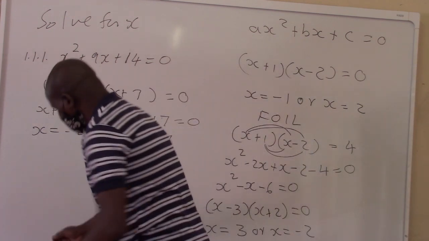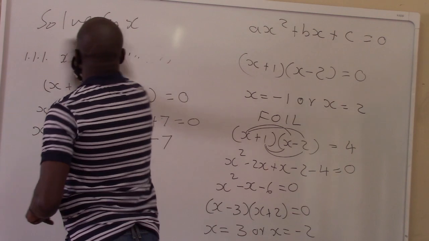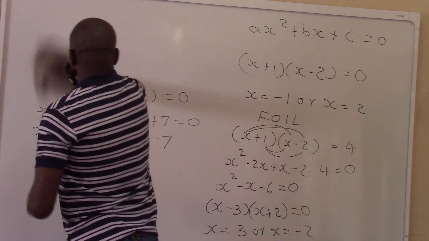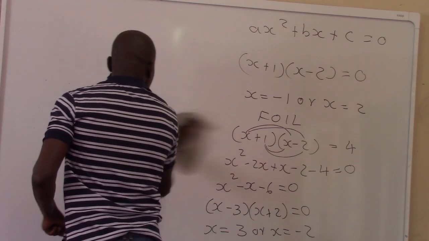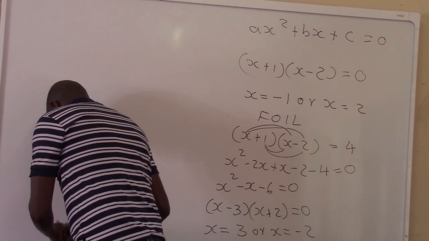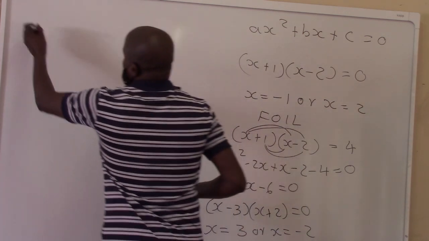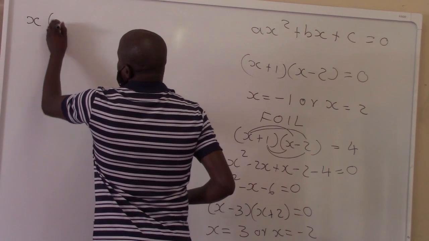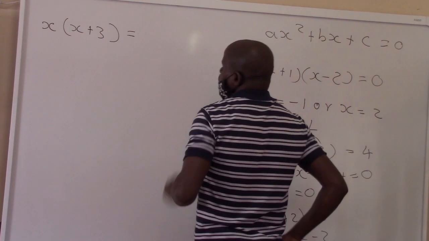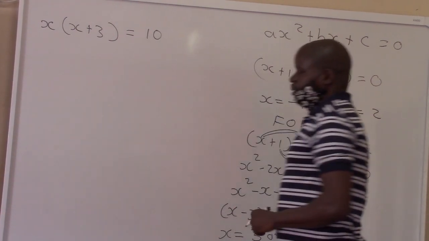The other one that may come, which I have seen in many previous papers, is in this way, whereby we have x into x plus 3 is equals to, let's just say, 10.